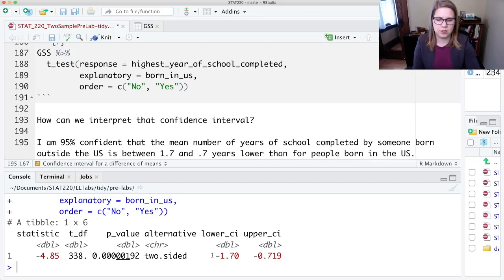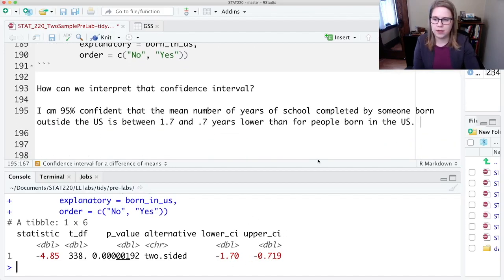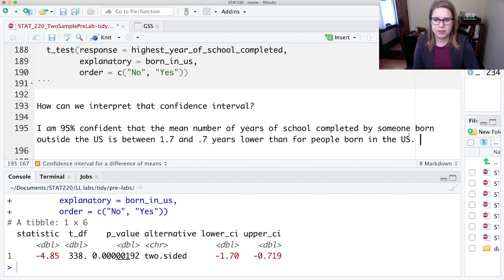So on average, it's lower, and we're 95% confident it's between 1.7 years lower and 0.7 years lower. So it's easier to write that sentence because it does not contain 0. And again, I don't think I asked this, but does that agree with the hypothesis test? Yes.